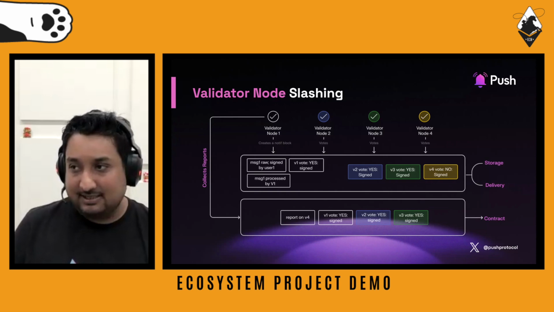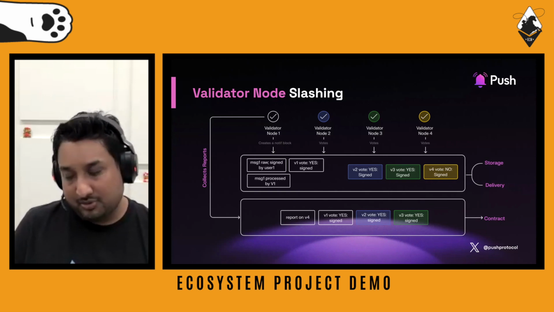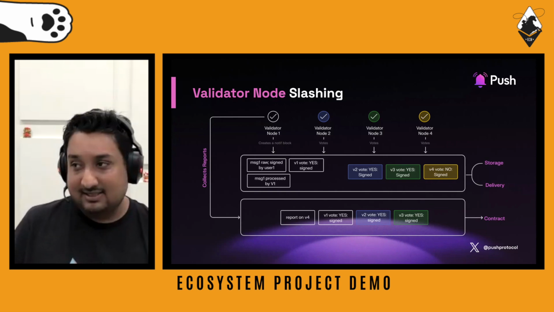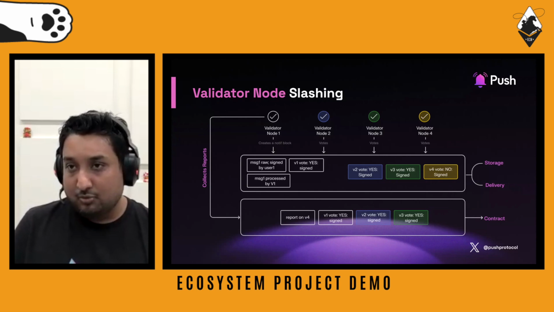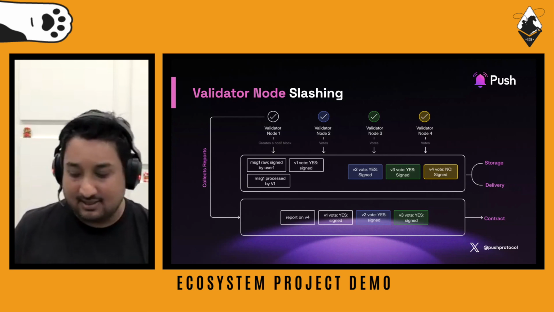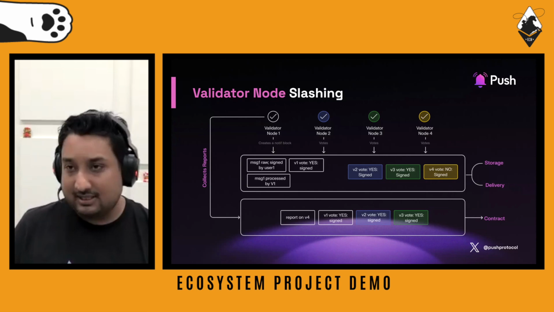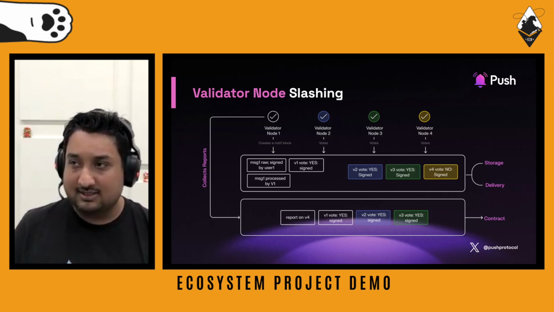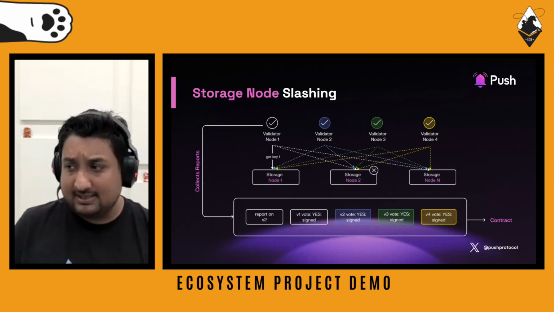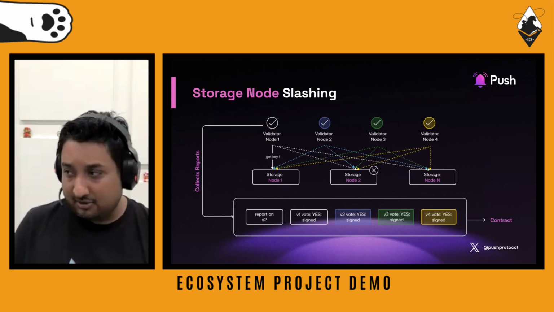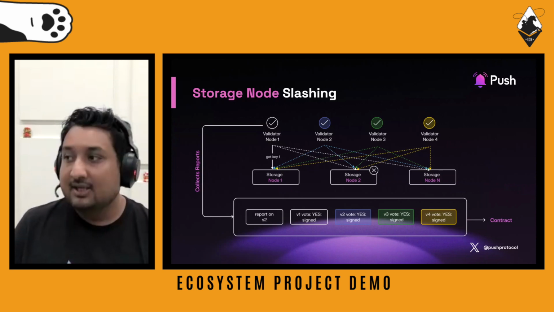If the challenge is accepted, then the validator who proposed gets slashed. If the challenge is rejected, then the validator who moved the challenge is slashed, ensuring that no validators are able to halt the system. Very similar for storage nodes.